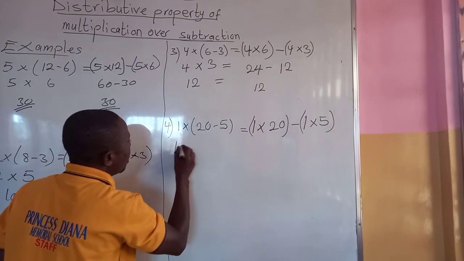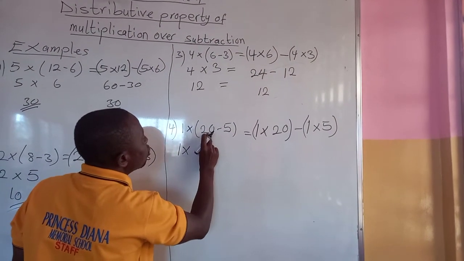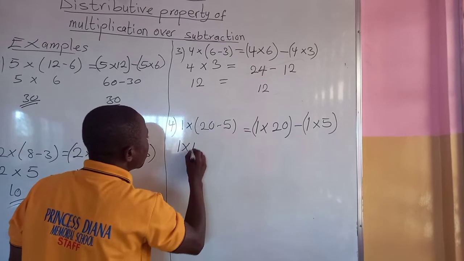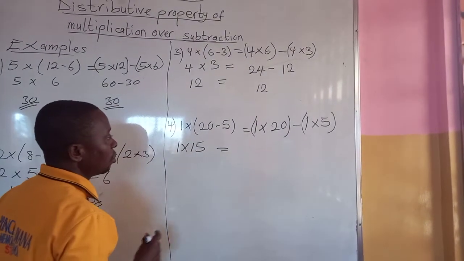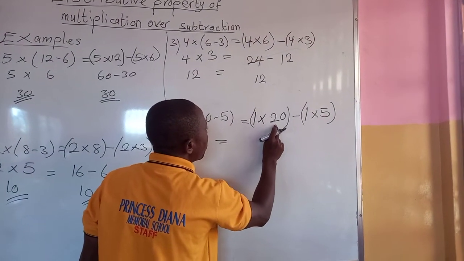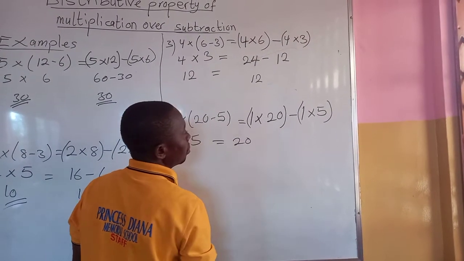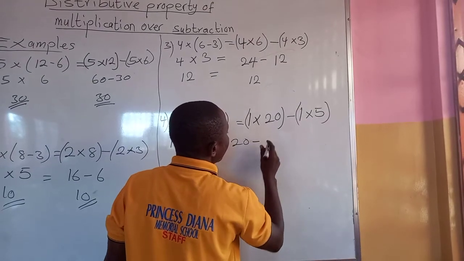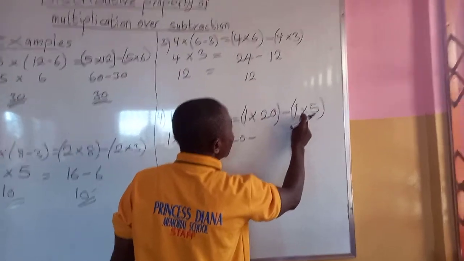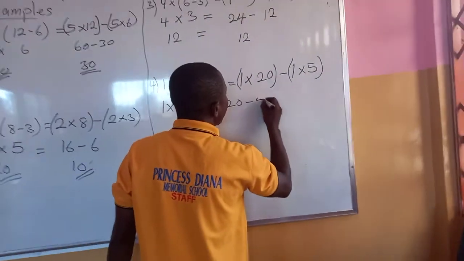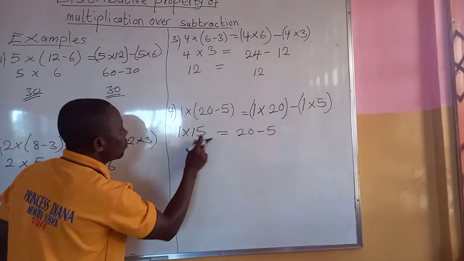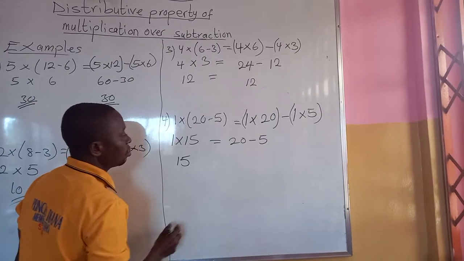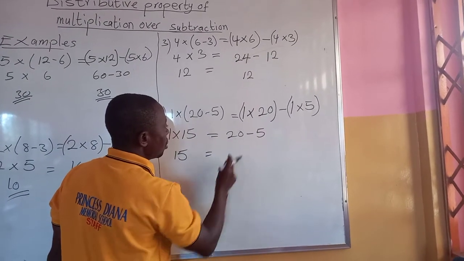Now 20 minus 5 will be 15. This will be equal to 1 times 20, which is 20. So bring our operation sign. 1 times 5 will be 5. Now 1 times 15 will be 15, which is the same as when we compare.